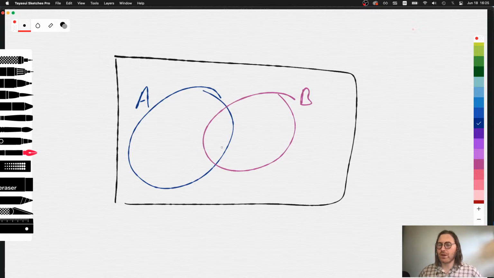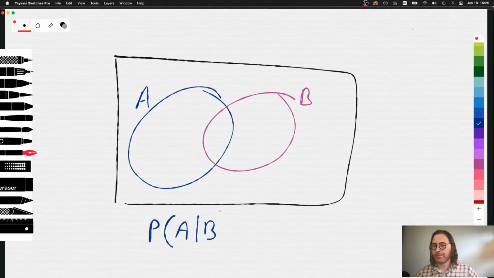So if we're trying to consider the probability of A given B, then we want to think about this in relation to these two events.